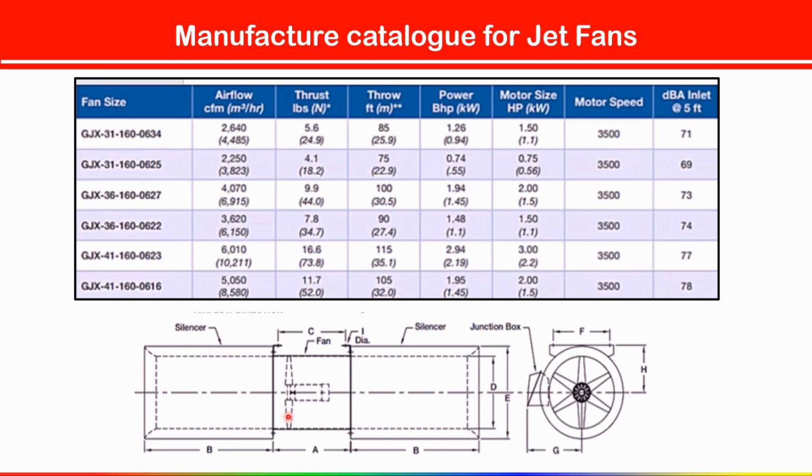Then here we have installed the fan. So based on your airflow rate, you will get the fan size, thrust, flow, power, motor size as per manufacturer catalog. Here I have taken one of the catalogs for jet fan. Based on which manufacturer you are following, you will get the catalog and you can select your fan.